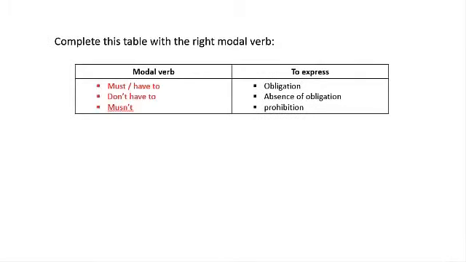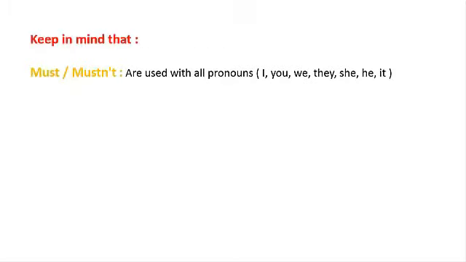Okay, so here's the correction. Must and have to for obligation, don't have to for absence of obligation, and mustn't for prohibition. Now there are a few things that you must retain, you must keep in mind. First, must and mustn't are used with all pronouns: I, you, we, they, she, he, it.